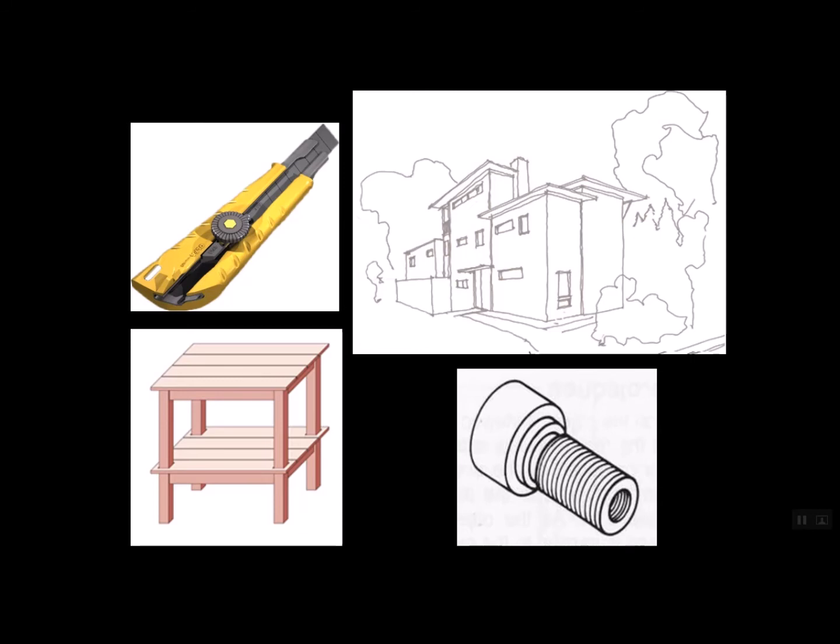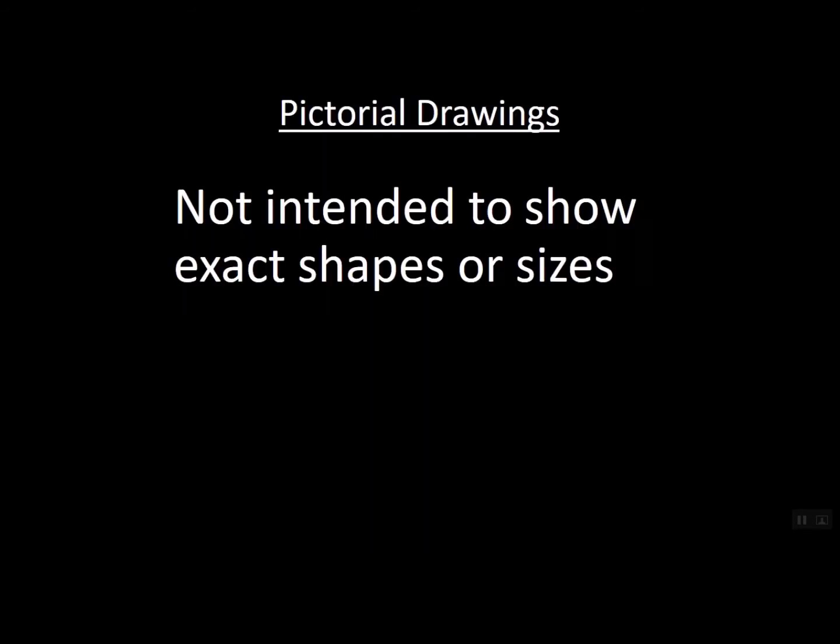What we want to be able to do is identify all three styles of pictorial drawing, and we're going to want to be able to make at least one or two of these. So now the difference between pictorial drawings and orthographic drawings, or the multi-view drawings that we've been doing, of course, is multi-view drawings show exact shape and exact size of the faces of the parts.